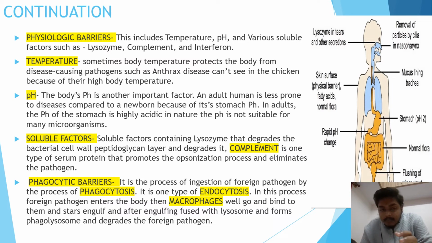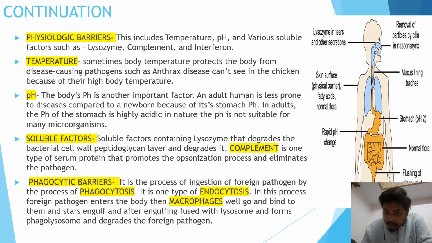The bacterial cell wall is composed of NAG and NAM, and the linkage of this NAG-NAM structure will be cleaved by the lysozyme enzyme. When it is cleaved, the cell wall will be degraded, the materials inside the bacterial cell will be released outside, and the bacterial cell will ultimately be degraded. So that's how the lysozyme enzyme protects our body.